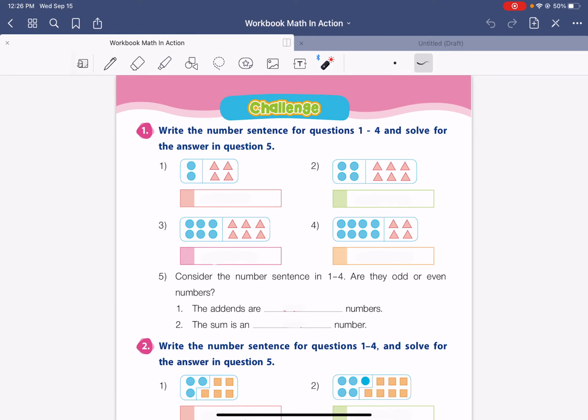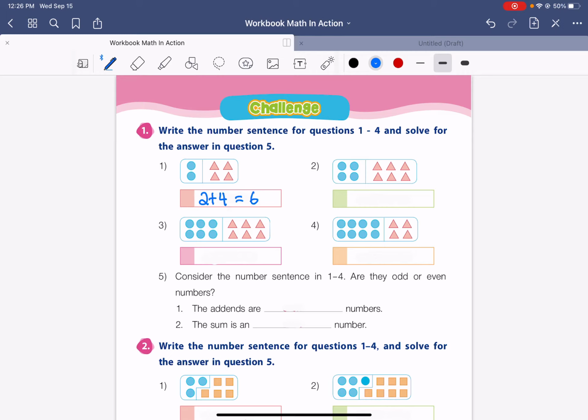Of course, we're going to add them, right? So we're going to say 2 plus 4. That's how we're going to solve for it. We write that as the number sentence, 2 plus 4, since there's 2 circles and 4 triangles. So 2 plus 4 equals 6.